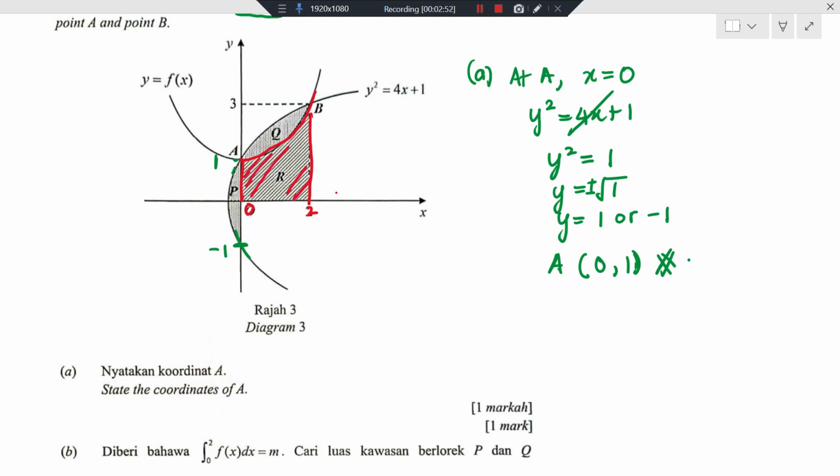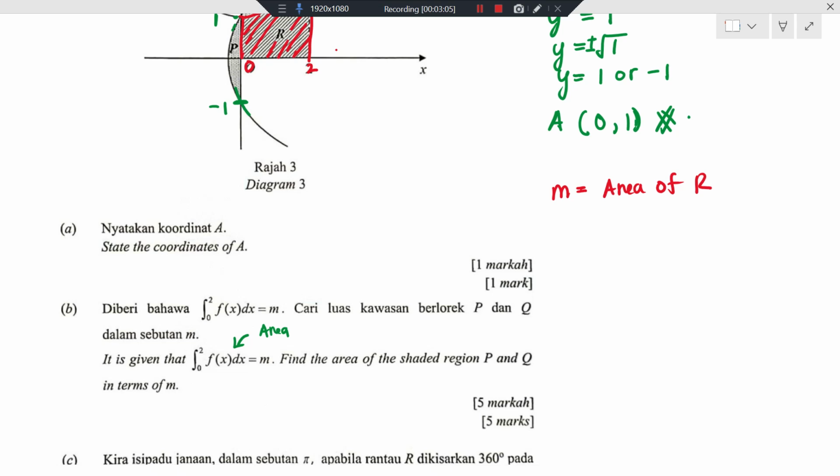Understood? Area below the curve. So that means m is equal to the area of R. That is what we can see from here. That's why it's very important for you to interpret what this means.